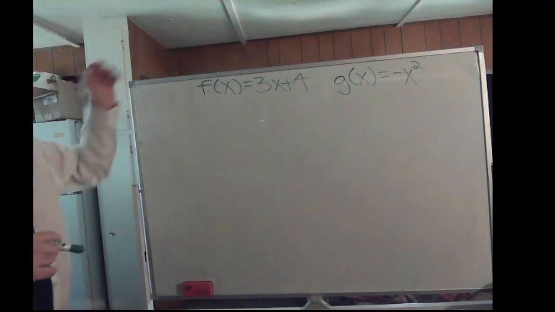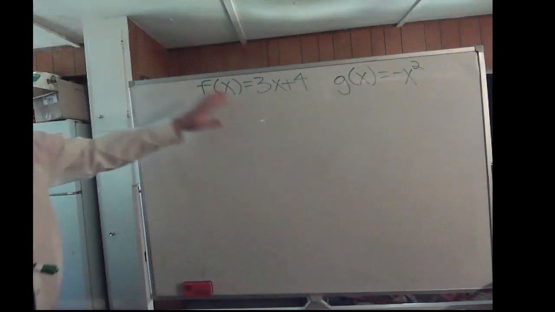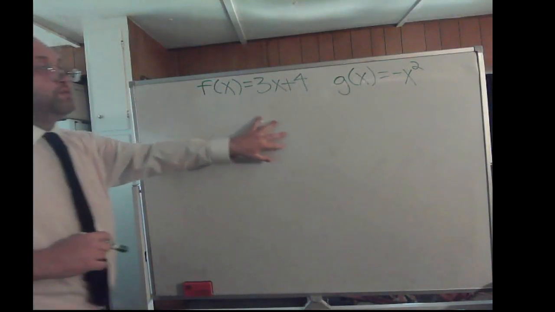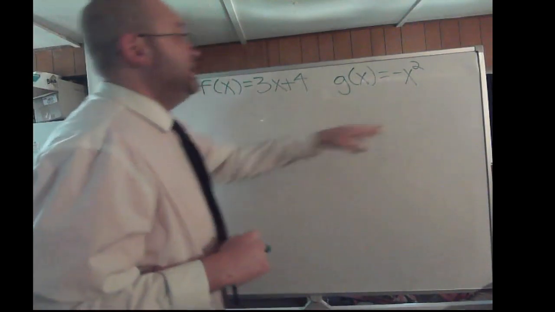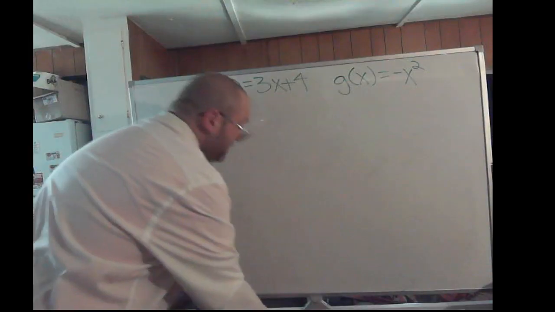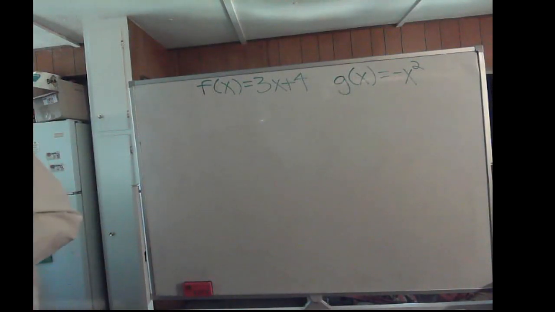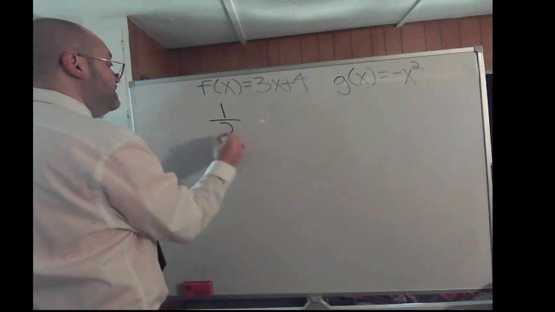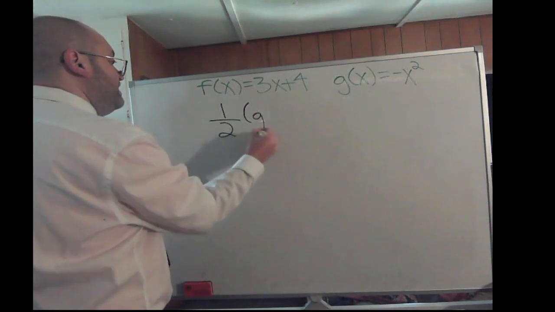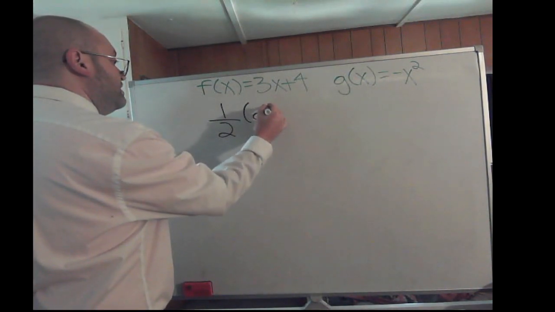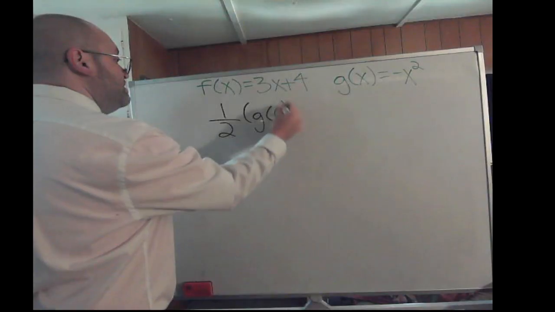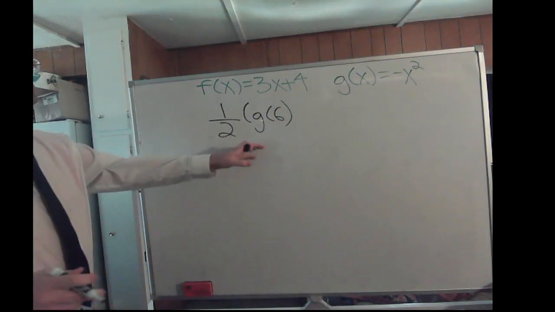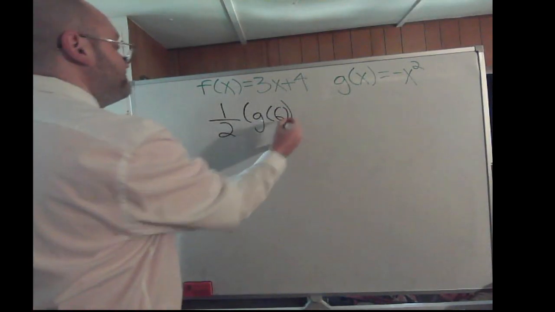Alright, so we have f of x equals 3x plus 4 and g of x equals negative x squared. First example here, they want us to find half of g of 6. So we're going to find half of g of 6.